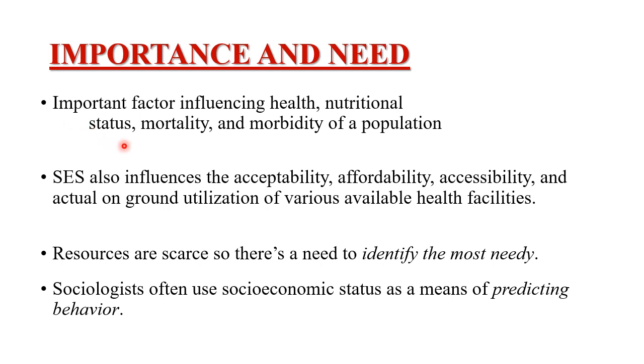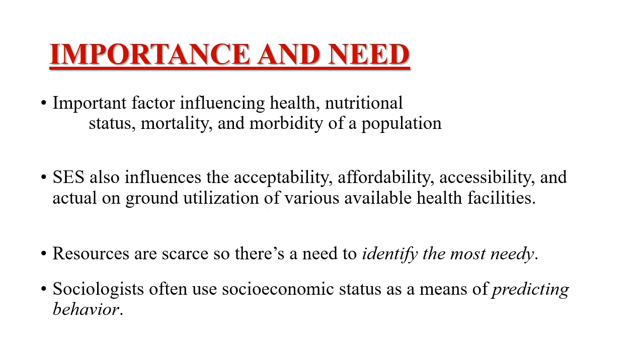Before going to the different methods of socioeconomic status, we should know the importance and the need of knowing the socioeconomic status of the society or the family which we are studying. We know that the socioeconomic status is an important factor influencing health, nutritional status, mortality and morbidity of a population.